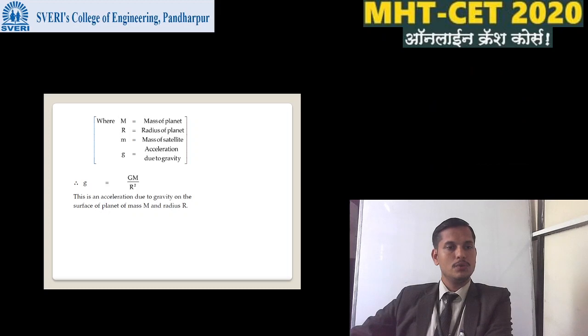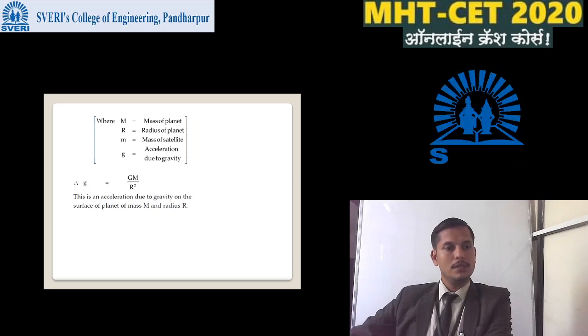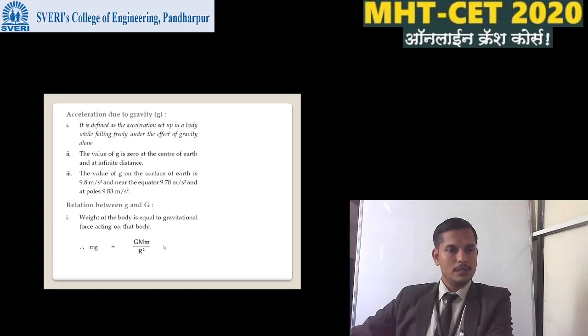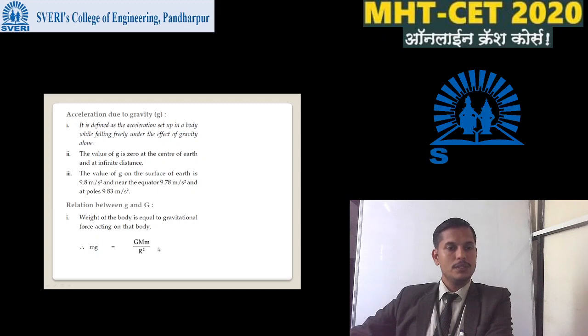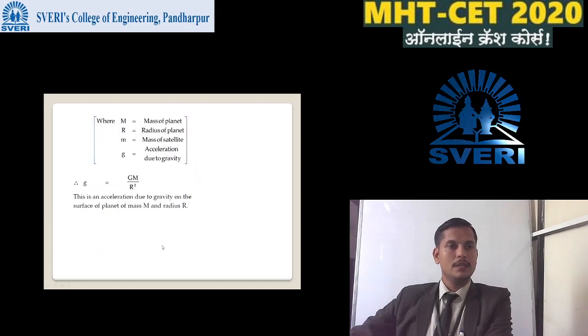Therefore g is equal to GM upon r square. This is the acceleration due to gravity on the surface of a planet of mass capital M and radius r. So if we check this equation, each and every term is explained in the next slide.